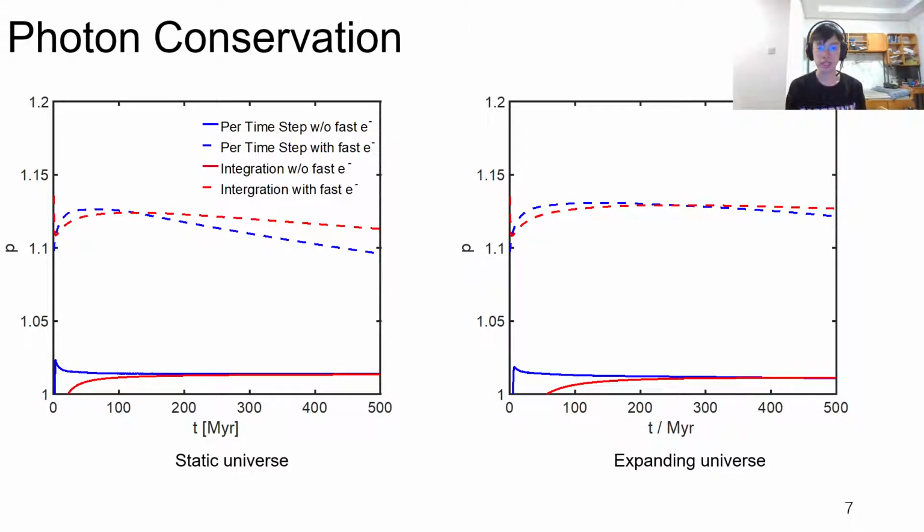We find that if we do not take into account secondary ionization from fast electrons, the ratio of the photon budget and ionization number is very close to 1. We only have around 1% error, which is very consistent with photon conservation.